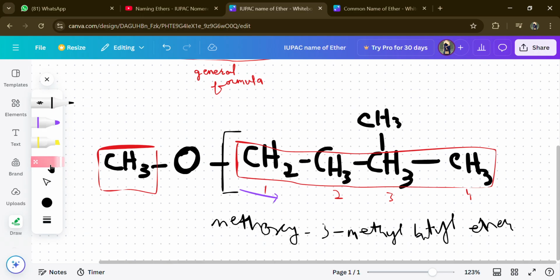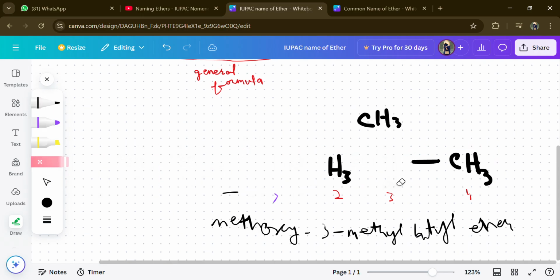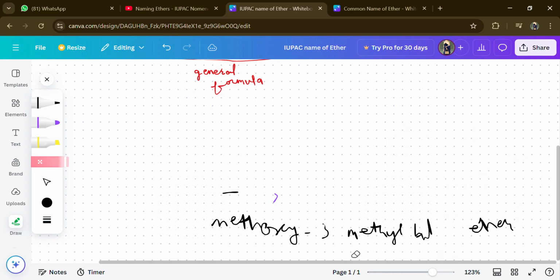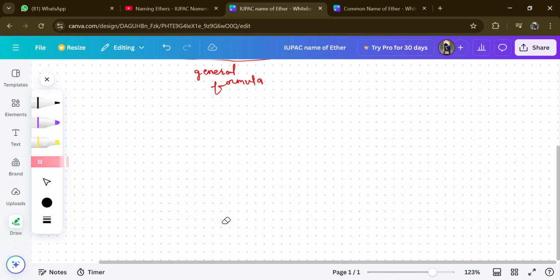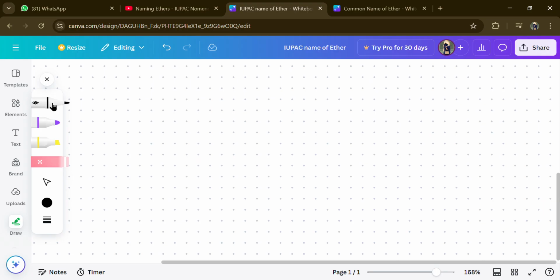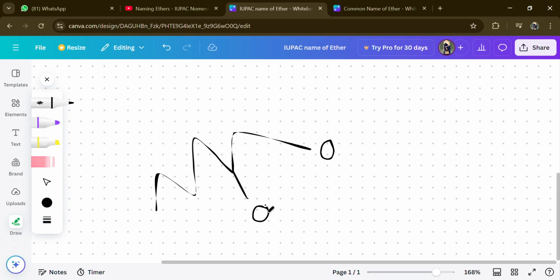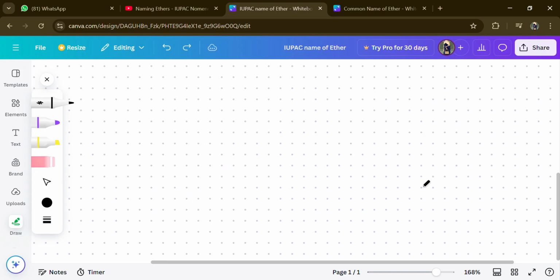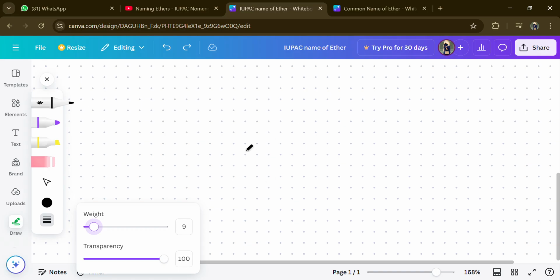Okay, now let me remove it and give you another hard one. Okay, now what if I give you, okay, I think I need to improve my pen's weightage.